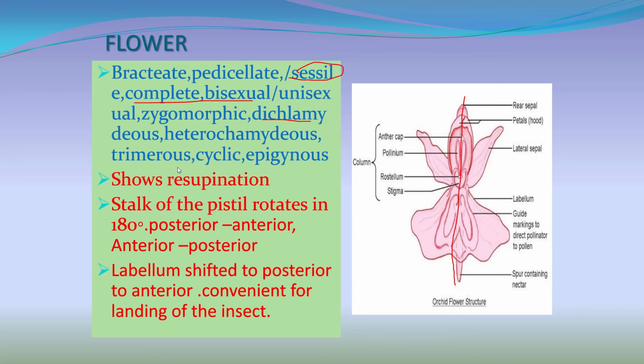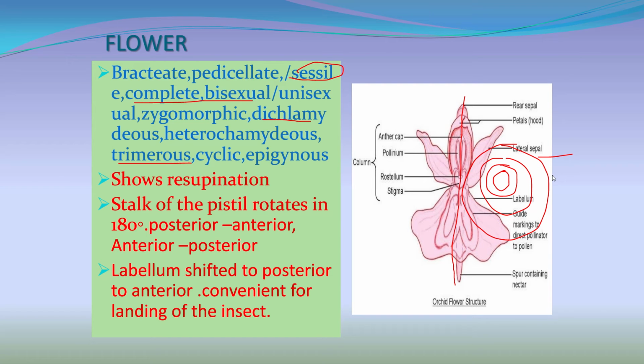Trimerous means the floral parts of the plant are three in number, so it is called trimerous. Cyclic means the floral parts are arranged in a circular manner: outer whorl, second whorl, third whorl and inner whorl.